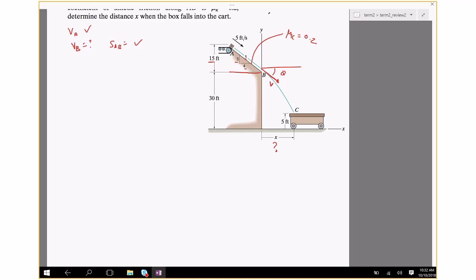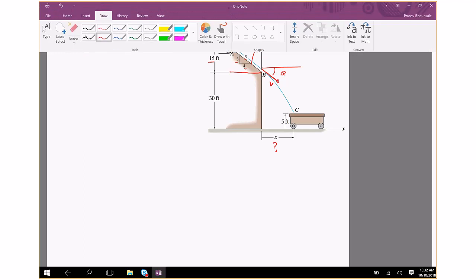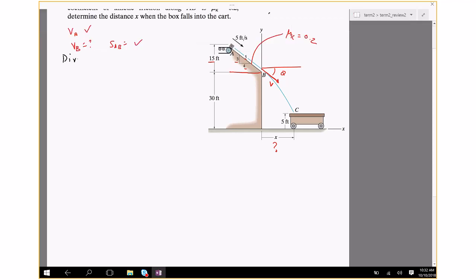So as I said, divide in two parts. A, motion from A to B: I'm going to use work energy, and B, motion from B to C: use kinematics.